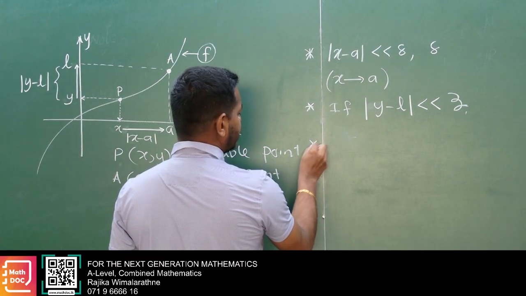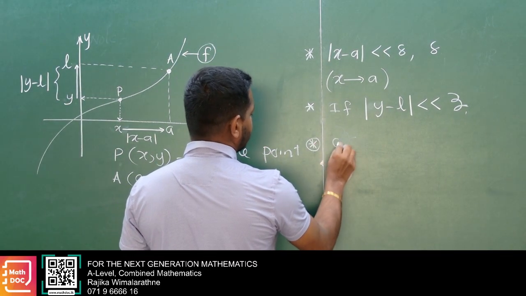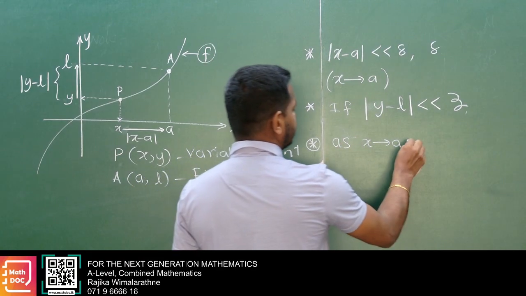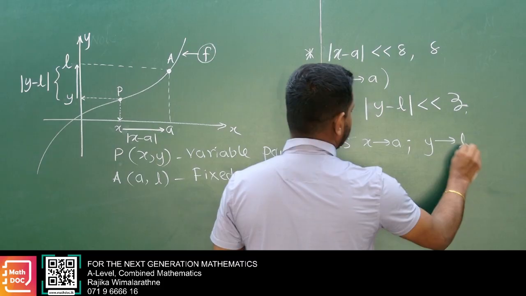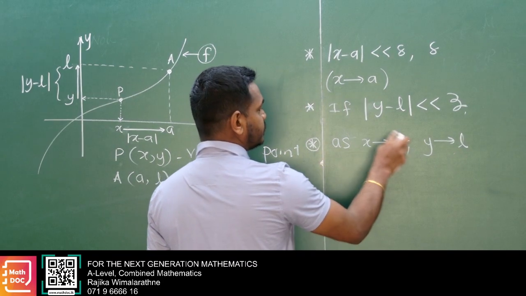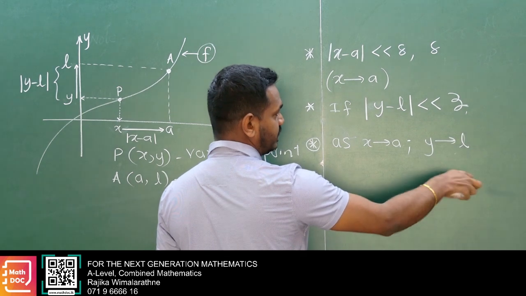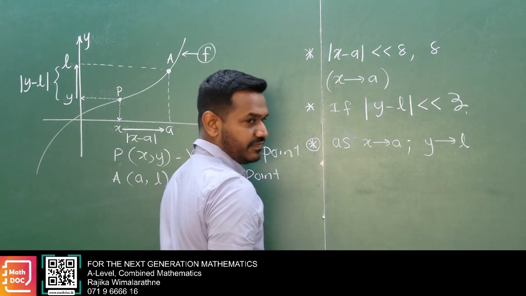Okay, put another star mark and say, as x goes to A, like this, y goes towards L. Here the thing, as x goes to A, y goes to L. Y depends on A, no?